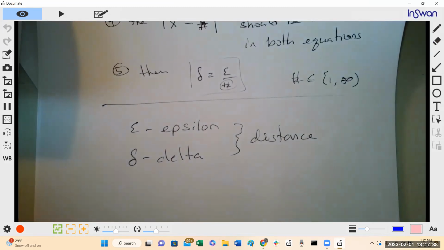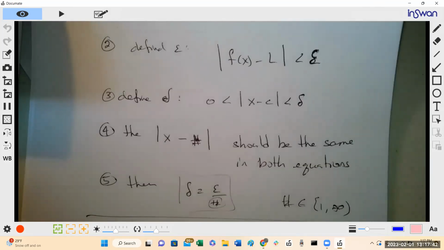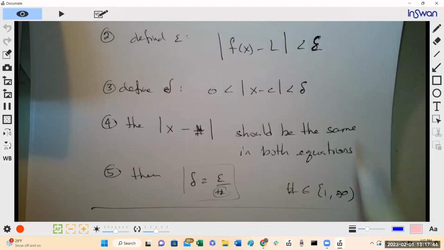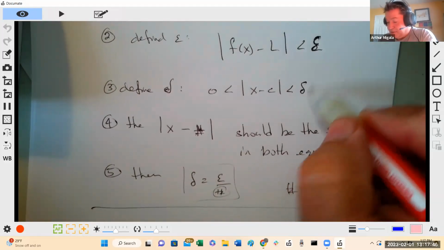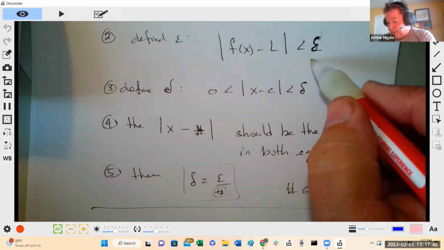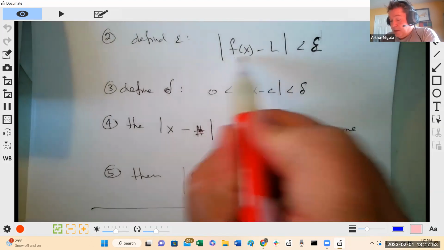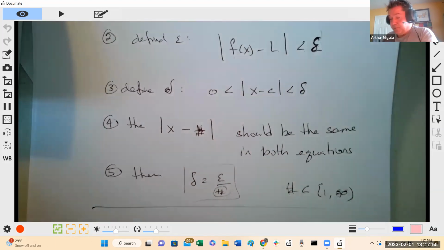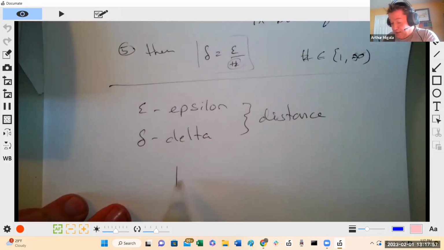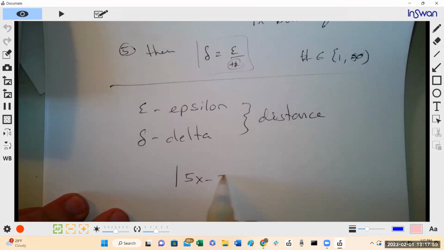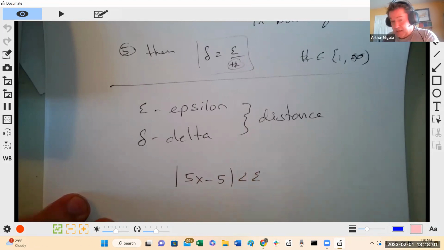So if you basically find the epsilon, that is going to be your delta, right? Well, once you find epsilon and delta, remember this one here, the epsilon could be a fraction. Remember the first example we had? 5x minus 5 is less than epsilon.